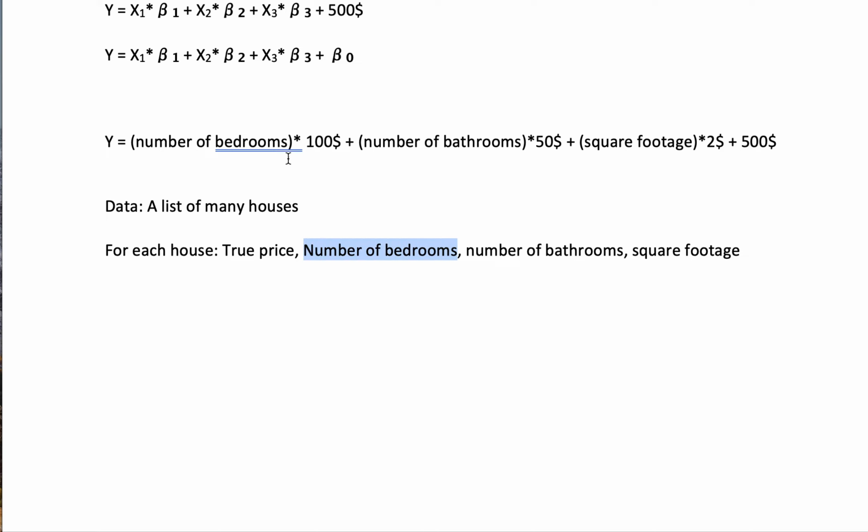The number of bedrooms, number of bathrooms, and square footage would be similar to what's in here, meaning that we'd have a list of many houses, and for each house we'd know all these values, but we wouldn't know what the price per bedroom, the price per bathroom, and the price per square foot are.